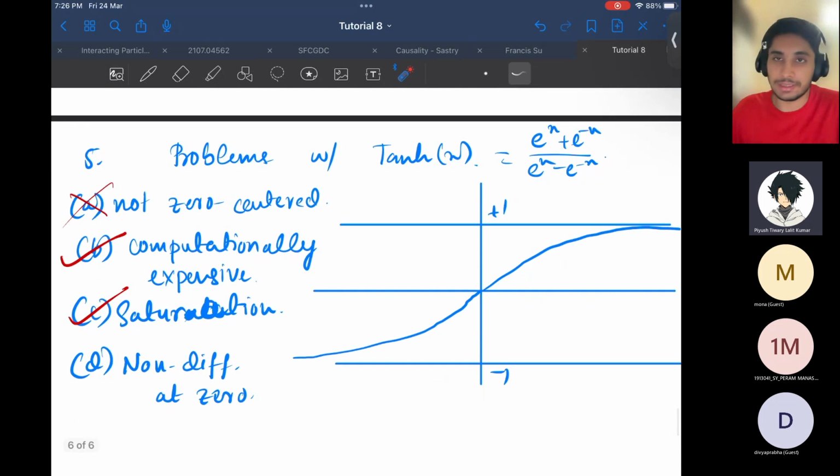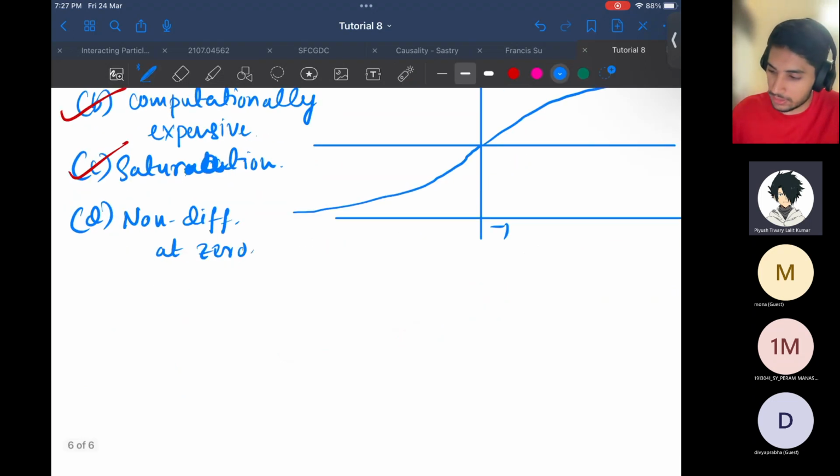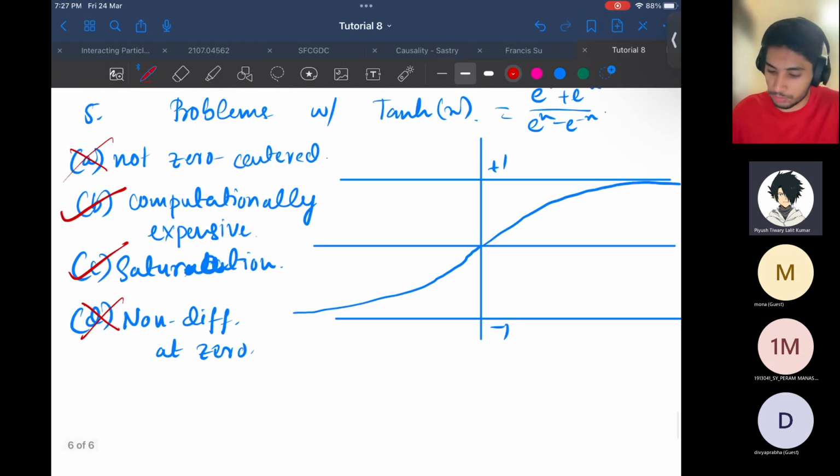Even from the graph you can see that it is a continuous graph. At each point it is continuous, so it will be differentiable at zero. So this is an incorrect option. So B and C are the correct options. These are actually problems with the tanh activation function.